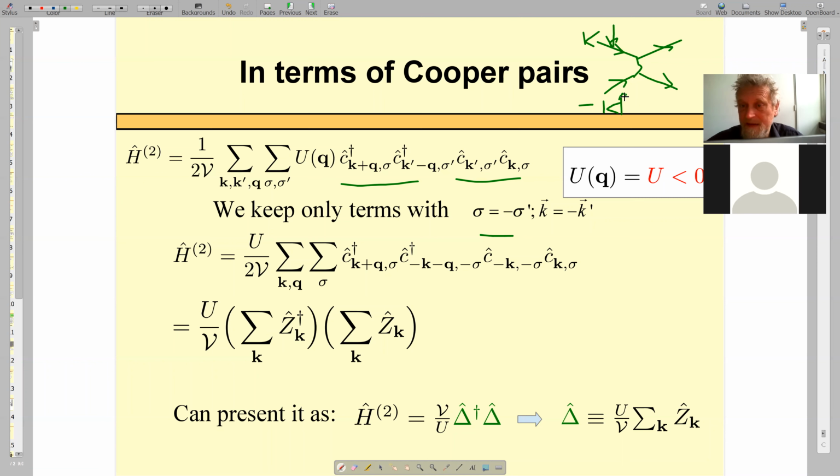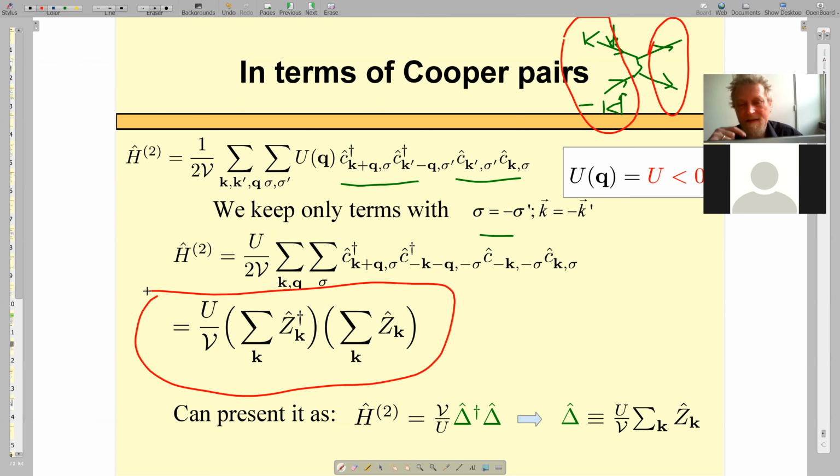Then what is there on the left or on the right? We can regard as annihilation or creation of a Cooper pair. Look, I just rewrite it in this way. There's the same trick with double sum, which one can sometimes confuses students, right?